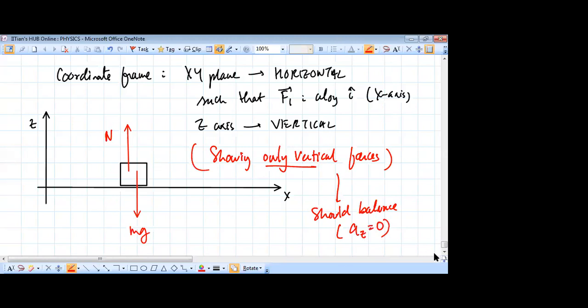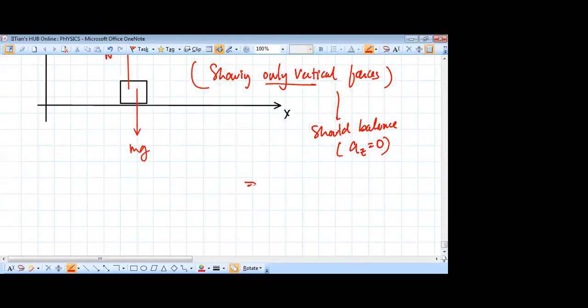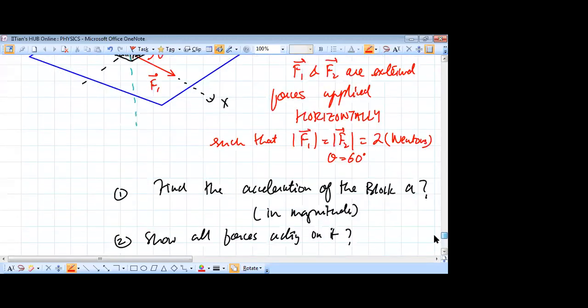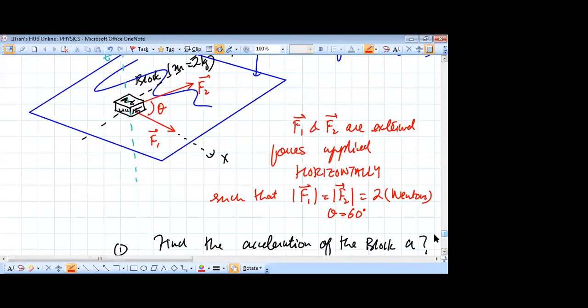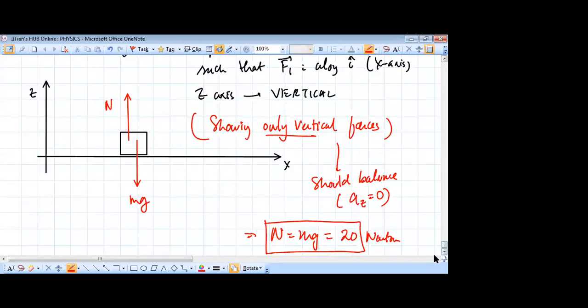So normal reaction should balance mg, and that is 20 newtons, whatever that was. Okay. So this is not the complete thing yet. This is only showing 2 of the forces out of the 4.